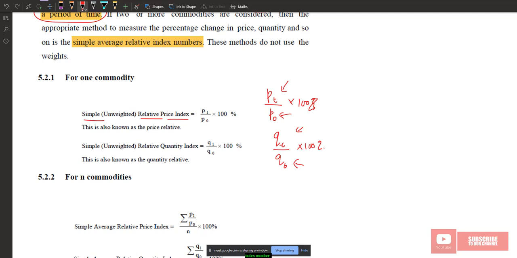So we just need to understand the term simple relative, right? When we have a simple relative, it means that we only have a simple index number: quantity current year divided by quantity base year, or price current year divided by price base year, right?